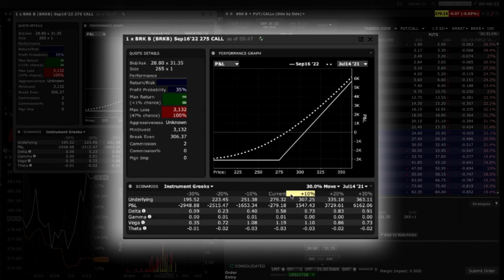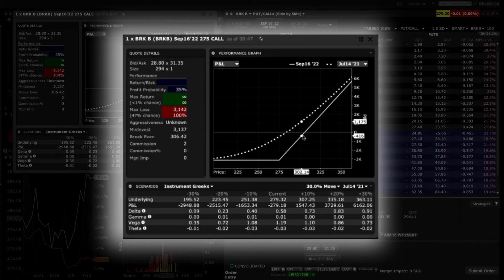At the point of expiration, if the price of Berkshire Hathaway is $275 and below, my loss would be the maximum loss, and the maximum loss is the cost to buy this call option today.